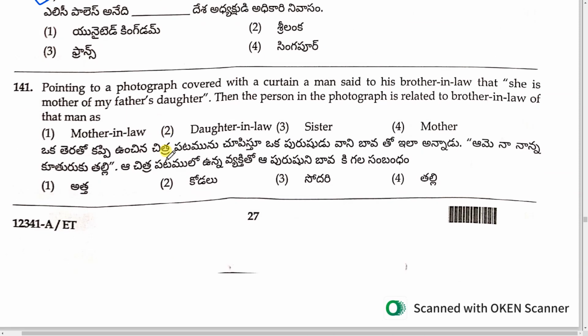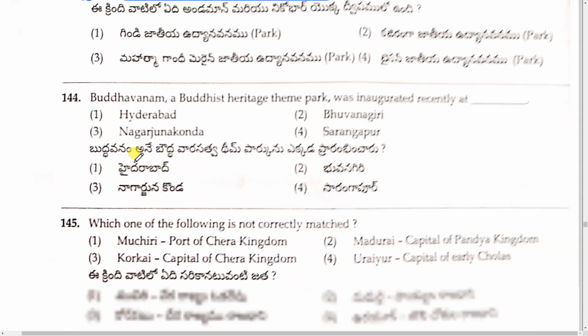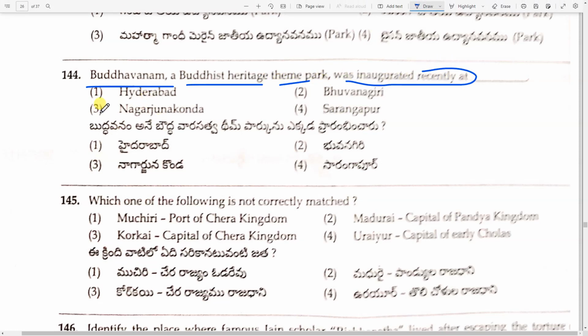Next question. Which of the following is in the islands of Andaman and Nicobar? Mahatma Gandhi Marine National Park. This national park is in Andaman and Nicobar. Buddha Bhavanam, a Buddhist heritage theme park, was inaugurated recently at Hyderabad.